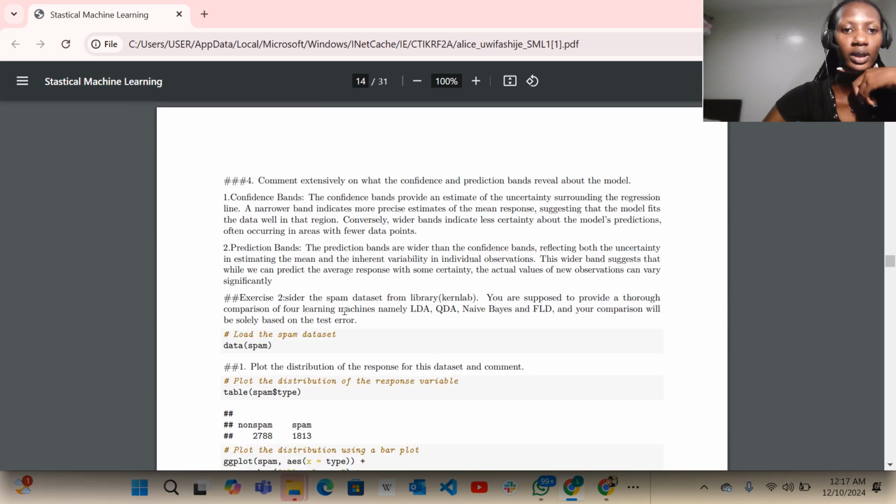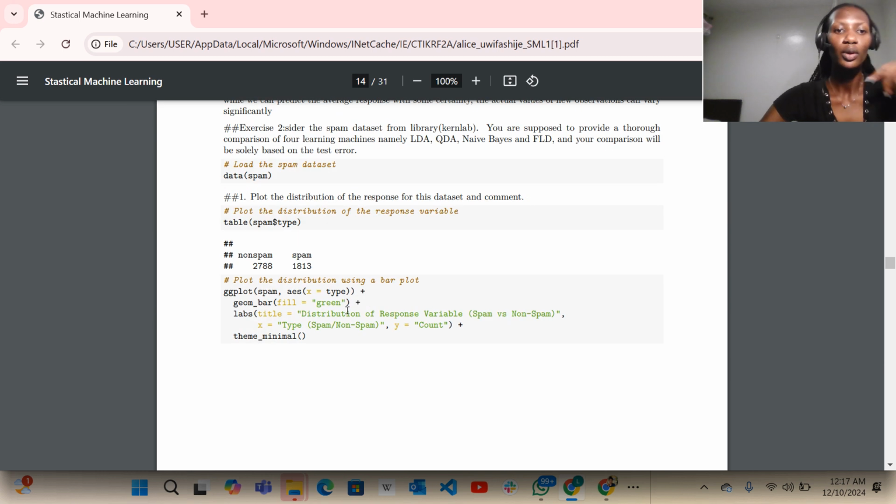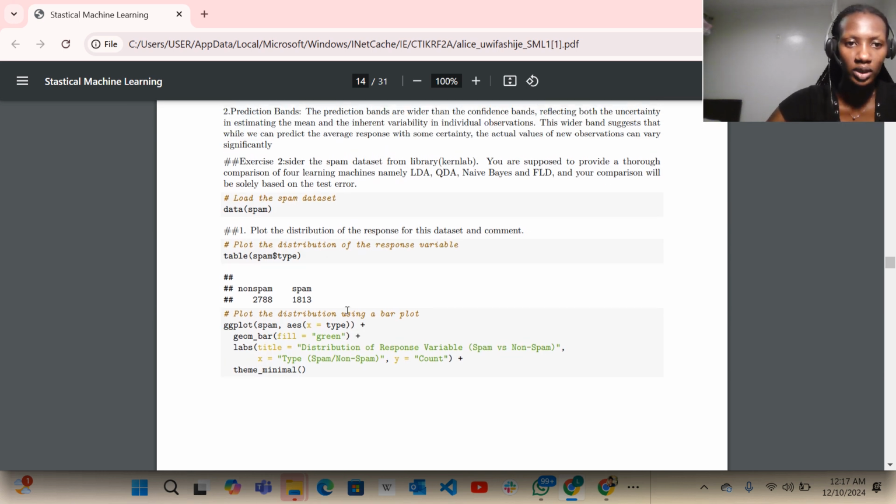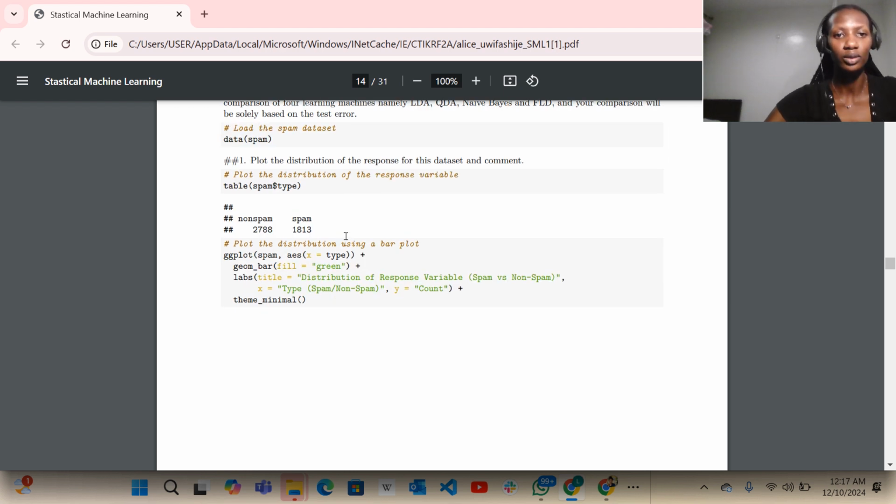I think we can go to exercise 2. This exercise 2 was about the SPAM dataset. In R, we load the library for it and then get the dataset. This dataset contains non-spam and spam, and this is classification, of course.